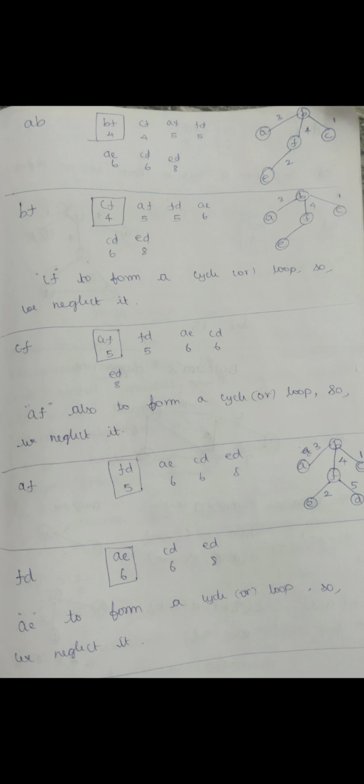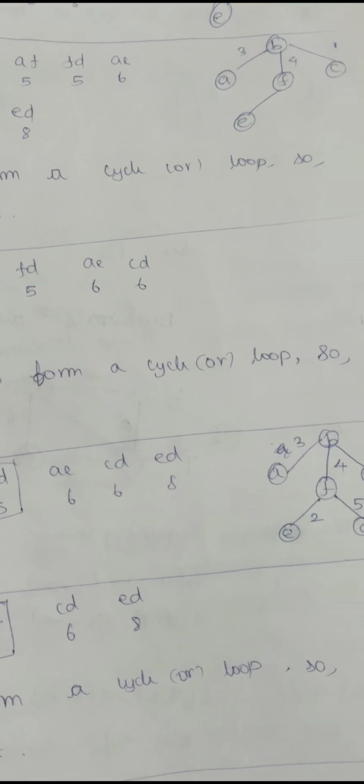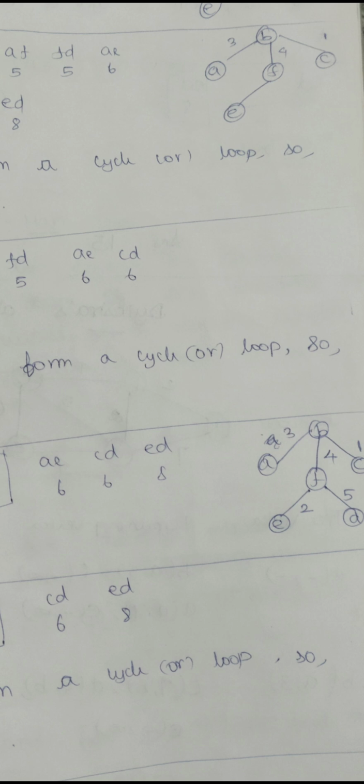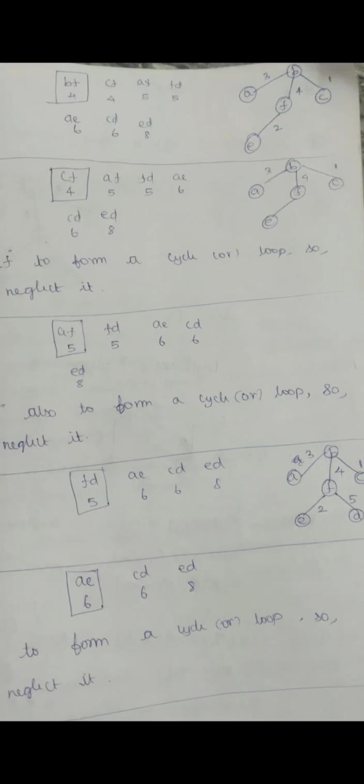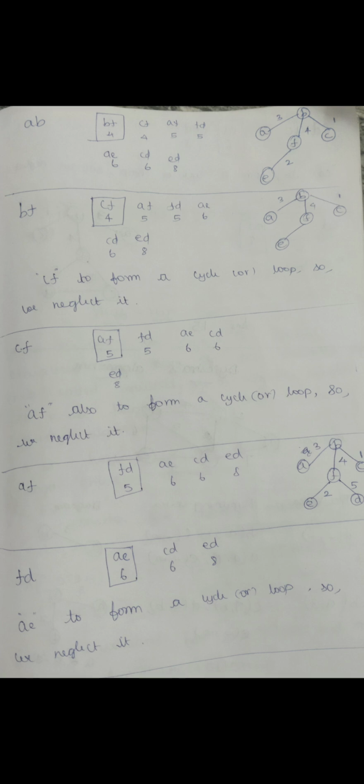After that we move FD into the tree edges. After that, AE has weight 6. AE forms a loop, so we neglect it.